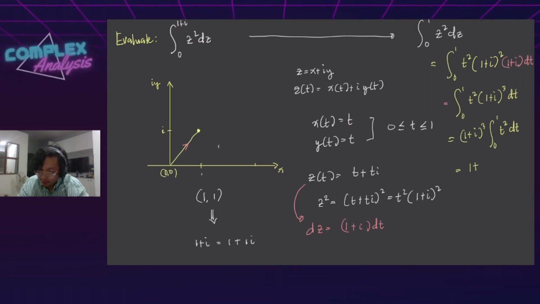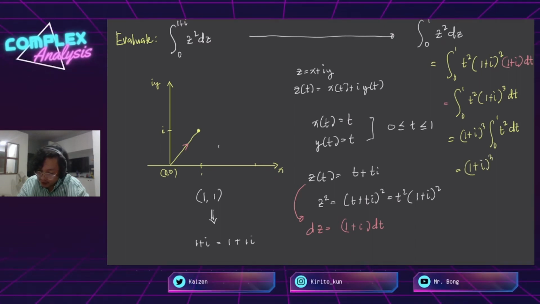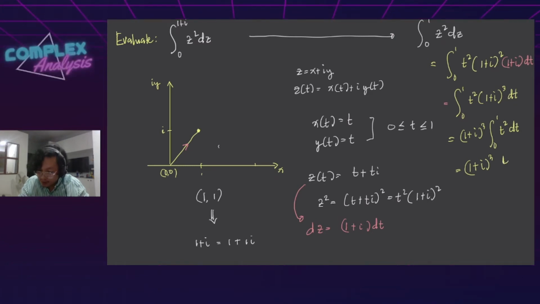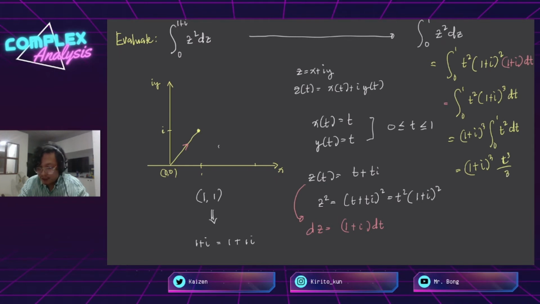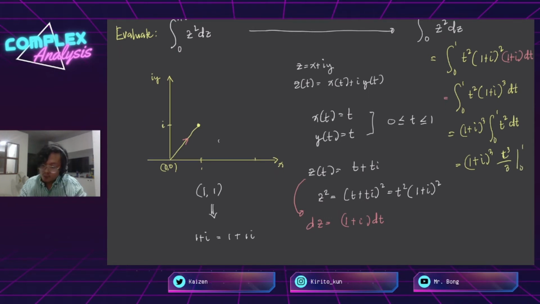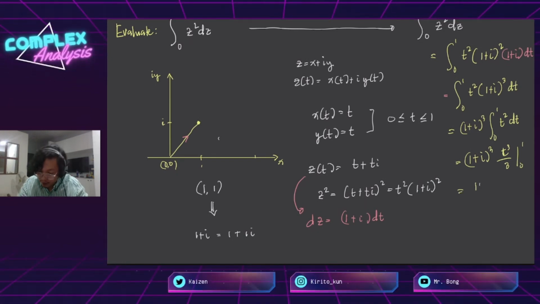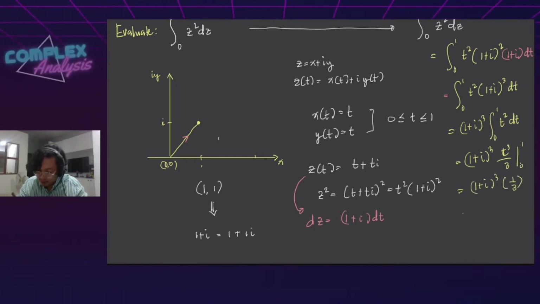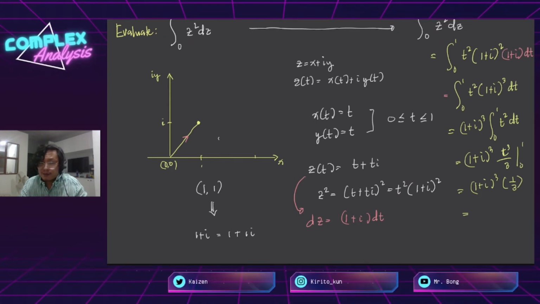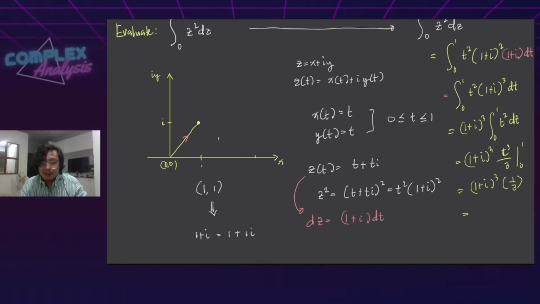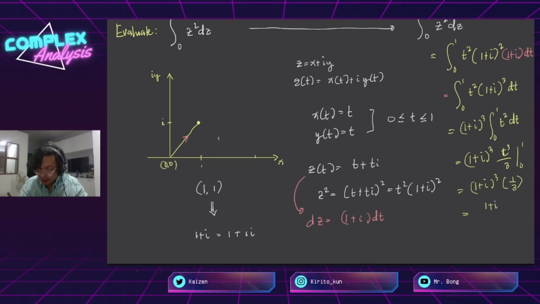We'll have (1 plus i) cubed times t cubed over 3 from 0 to 1. So it implies that we have (1 plus i) cubed times 1/3. Therefore, our integral of z squared dz from 0 to 1 plus i is just equal to (1 plus i) cubed over 3.